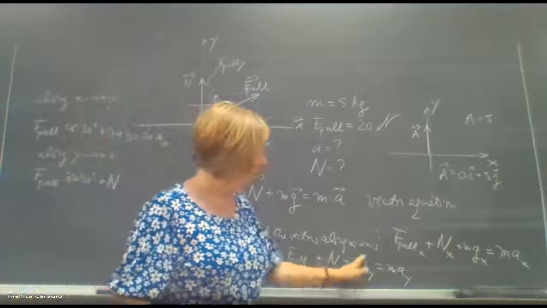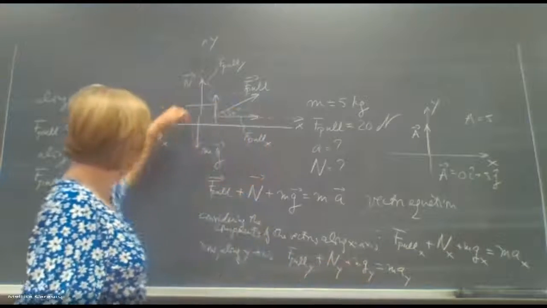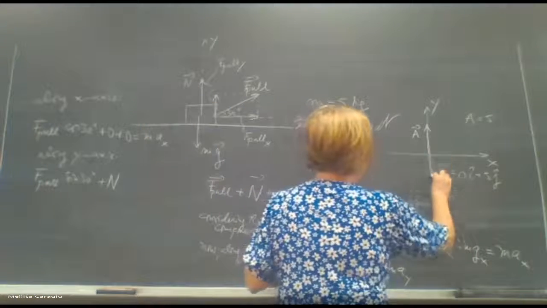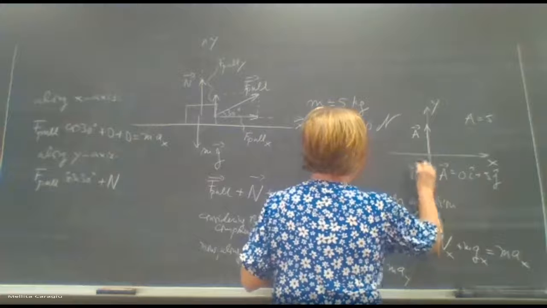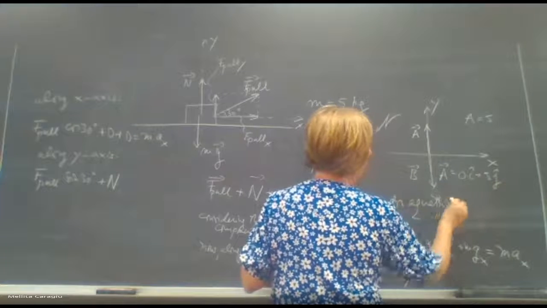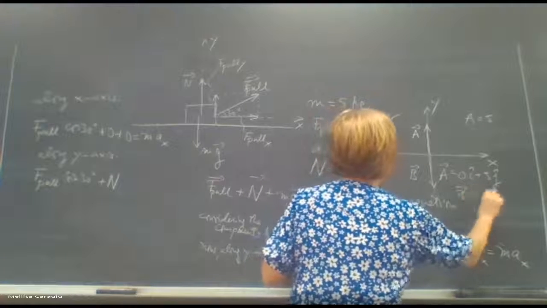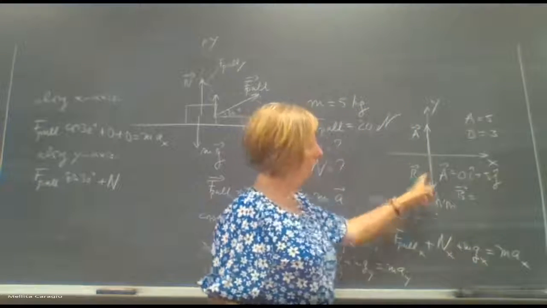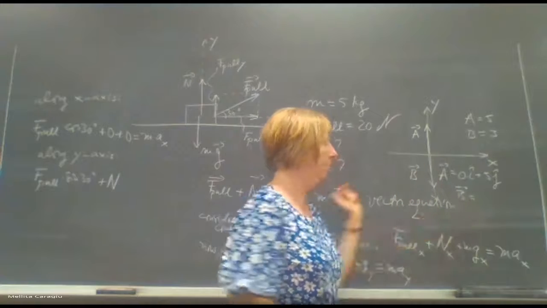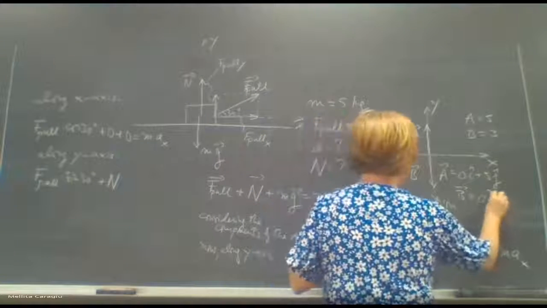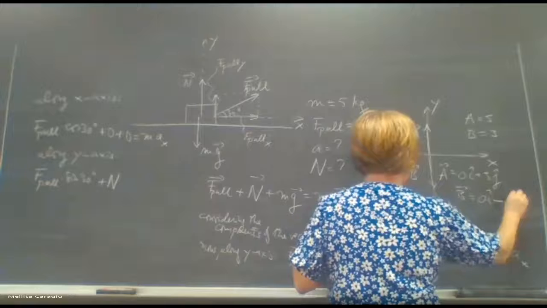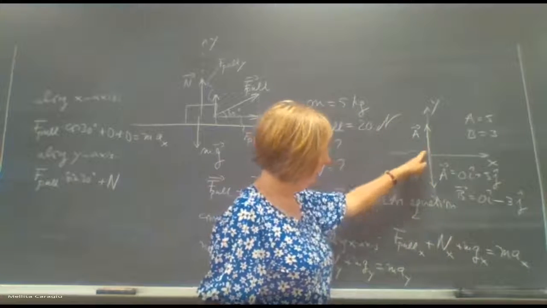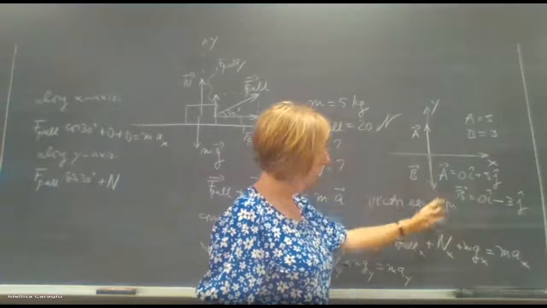Then the component of mg along y-axis, same thing. If I would draw here a vector b, for instance, and I would say that b is 3 units, how would I write b here? 0 i hat minus 3 j hat. So basically, what's the component of b along y-axis?